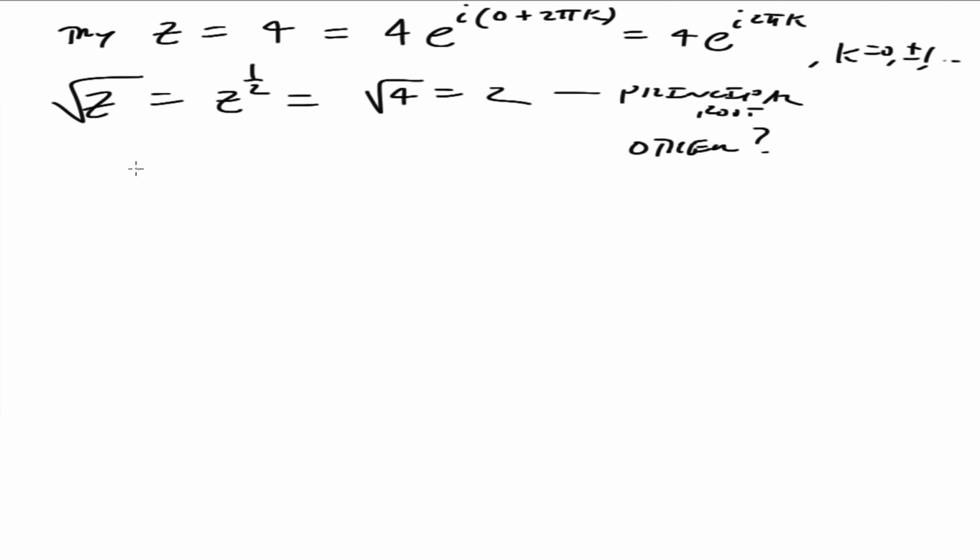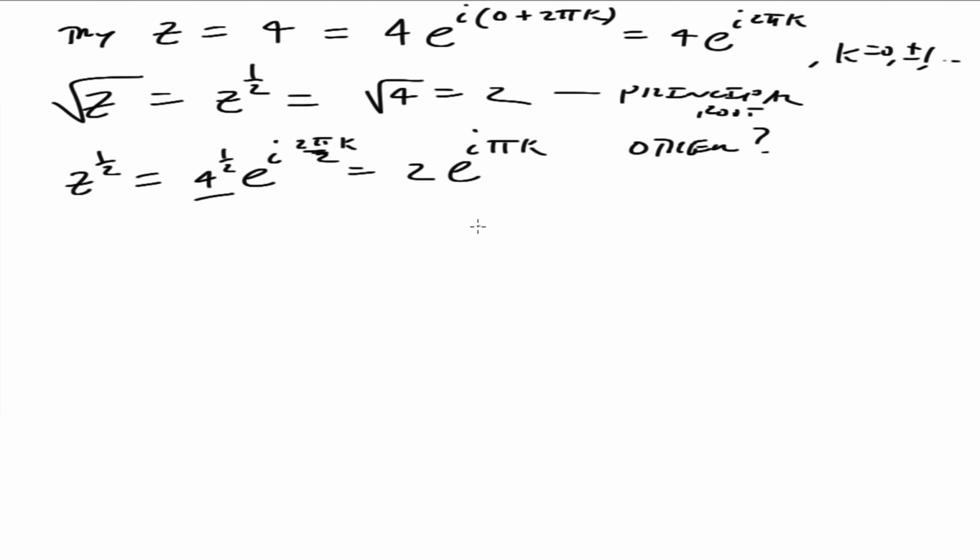So let's see if we can go through this a little bit more systematically. So again, now z to the 1/2 is going to be equal to 4 to the 1/2 e to the i 2 pi k divided by 2. And that's going to be, well, that of course is our principal root, 2 e to the i pi k. All right, so where is that other root?